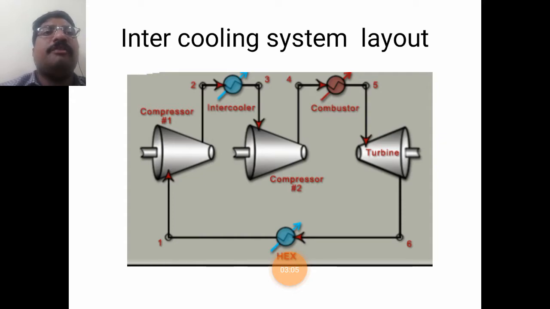So, what is the function of the intercooler? The intercooler's function is to exchange heat, by means of heat addition or heat rejection. Here, by means of some amount of heat rejection, the compressed air is passed to the next compressor.